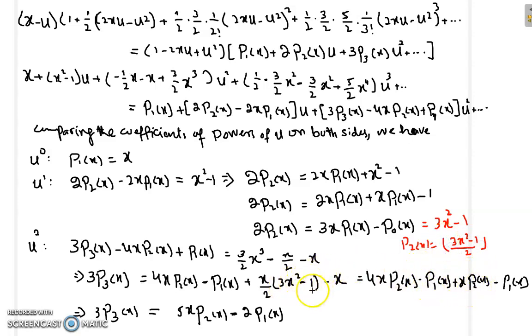So 3x squared minus 1 by 2 is p2, and x is p1, so this one. In short, we can simplify this 4x and x p2, which is 5x p2, minus 2 times p1 x, which is minus 2 times p1.